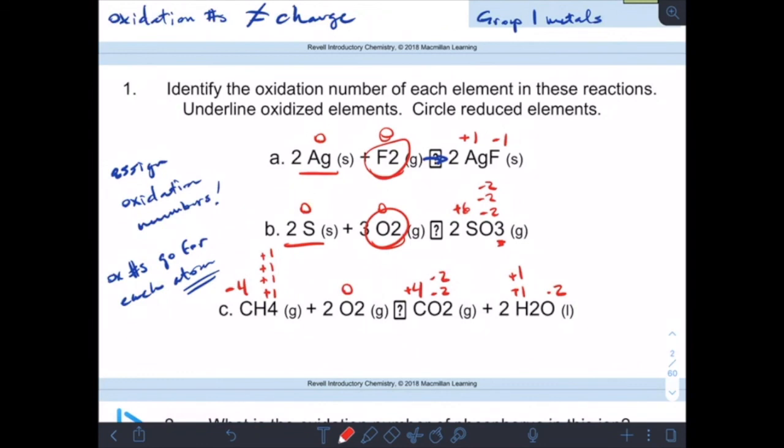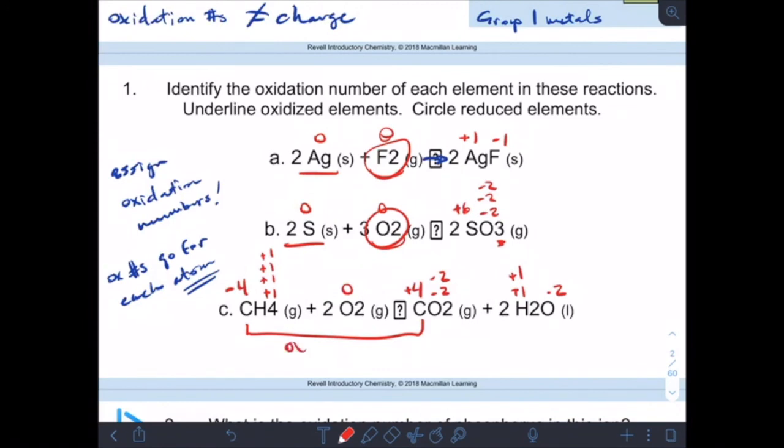All right, so let's take a look at how things have worked. So when we decide what is oxidized and what's reduced, we have to pay attention to the oxidation state of each atom. So my carbon has gone from a -4 to a +4. Now, has that number gone up or gone down? In fact, that number has gone up, right? -4 to +4 means that that number has increased.